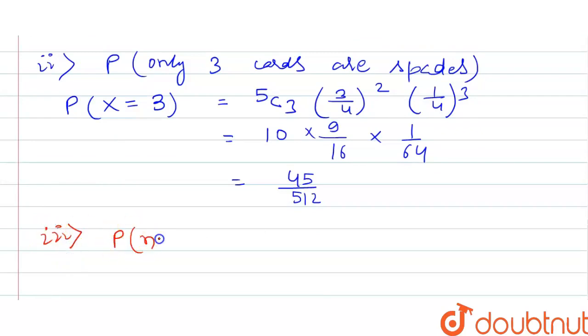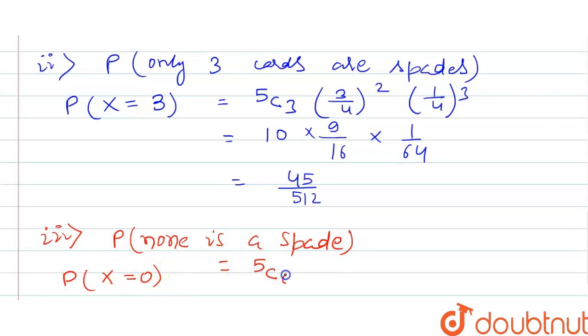This is the second answer, and we have to find the third part of the question. It says none is a spade. It says P(X = 0). Then it follows 5C0 (3 by 4) to the power 5 (1 by 4) to the power 0.